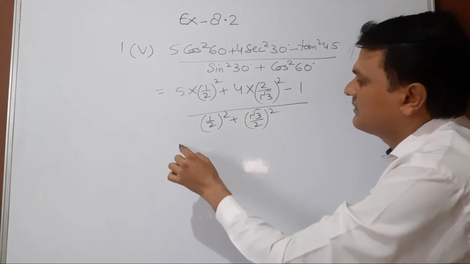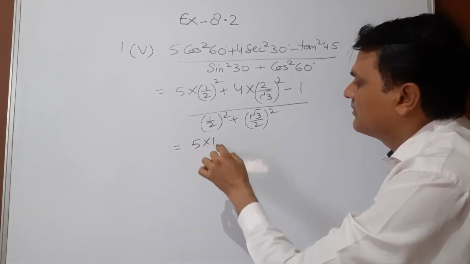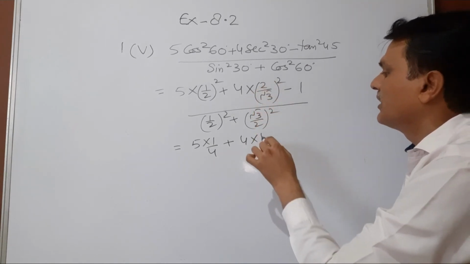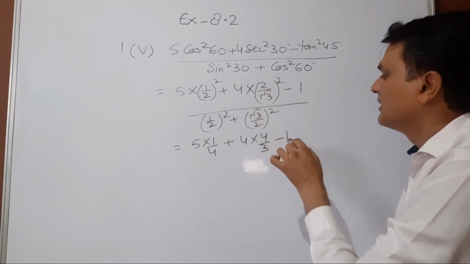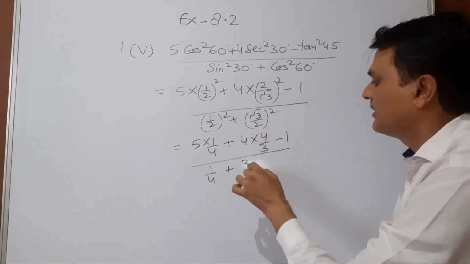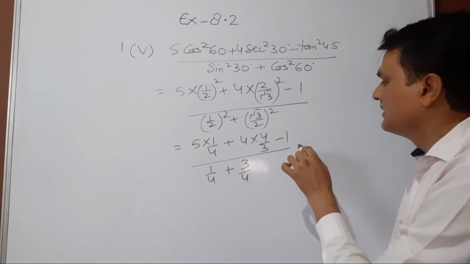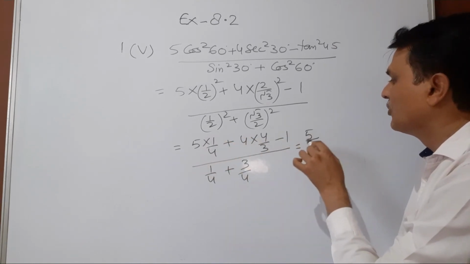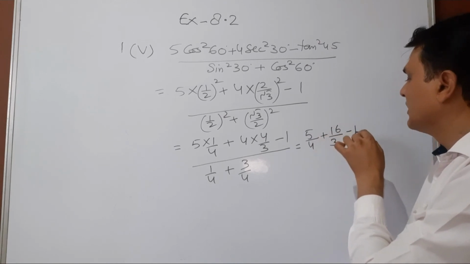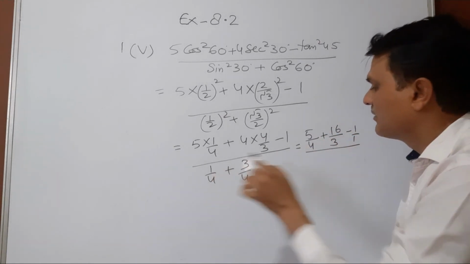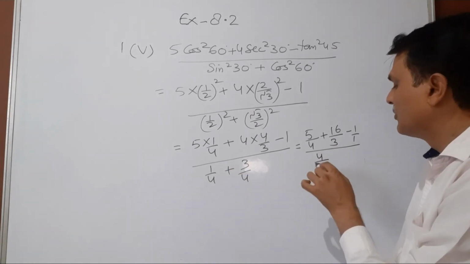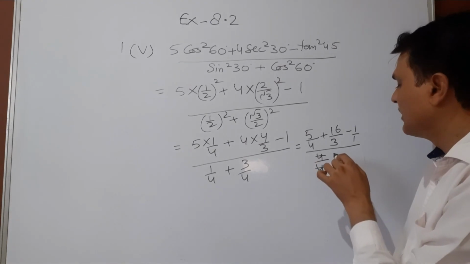After this we write 5 into 1 upon 4 plus 4 into 4 upon 3 minus 1, whole divided by 1 upon 4 plus 3 upon 4. So we get 5 upon 4 plus 16 upon 3 minus 1 upon 1, whole divided by 1 upon 4 plus 3 upon 4 added to give 4 upon 4, and this value is 1.